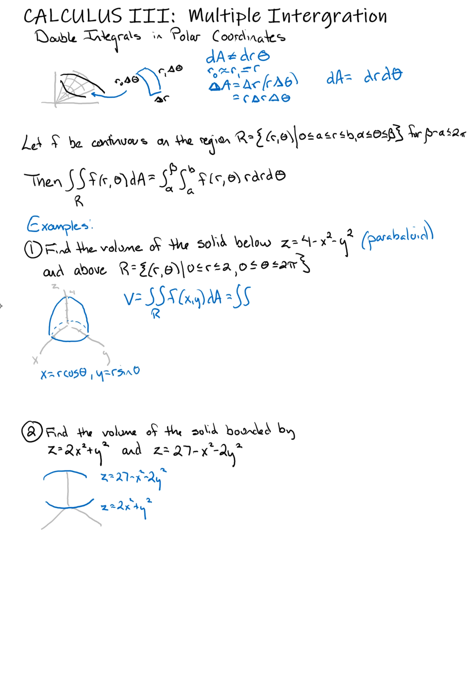So that's going to be the function in terms of r and theta, instead of x's and y's. And then, of course, dA we know is r dr d theta.